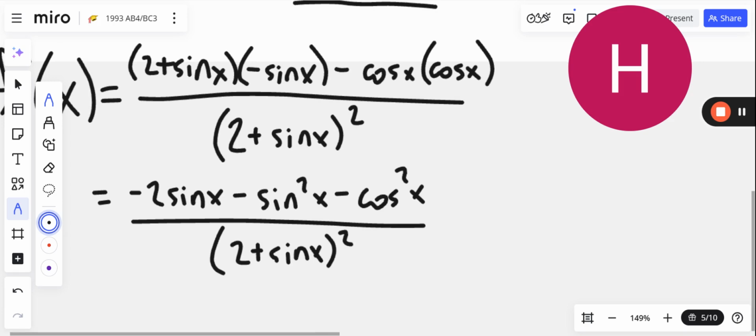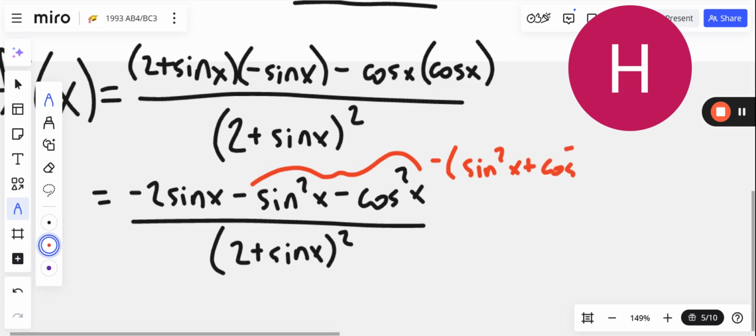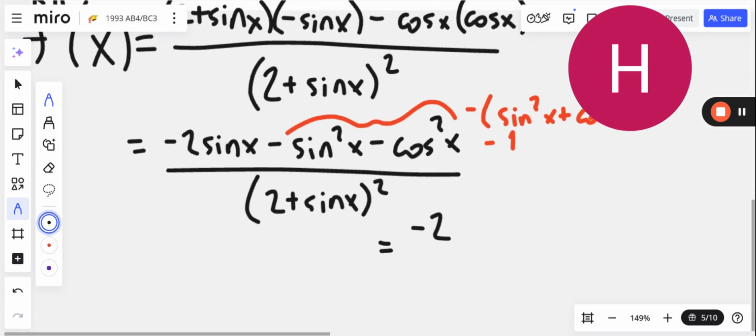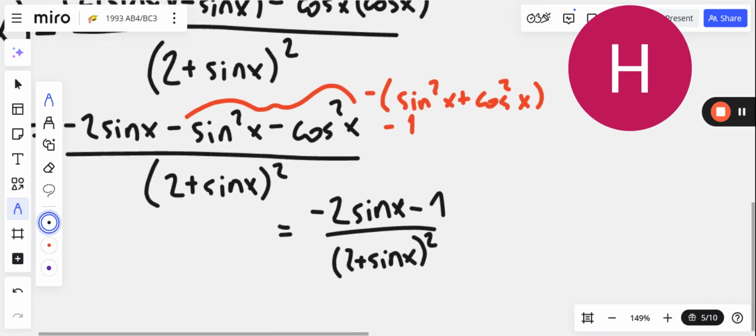Now let's simplify this, because this here is the same as negative parentheses sine squared plus cosine squared, which is just equal to 1. So on the top, I really just have negative 2 sine of x minus 1 over 2 plus sine x squared.